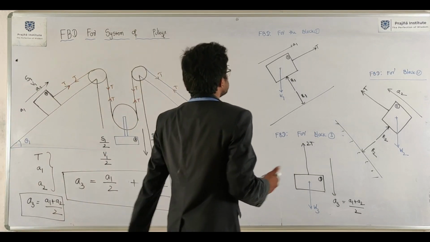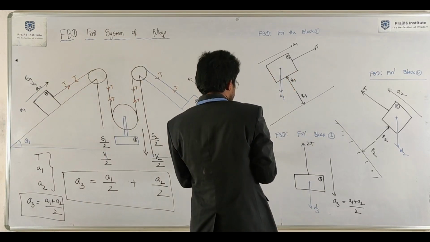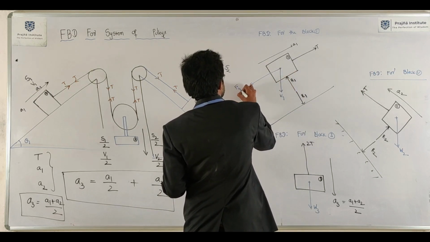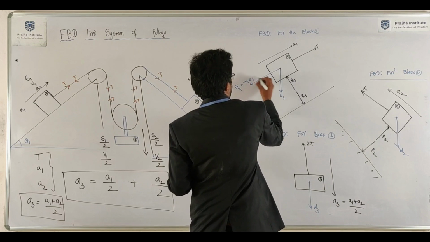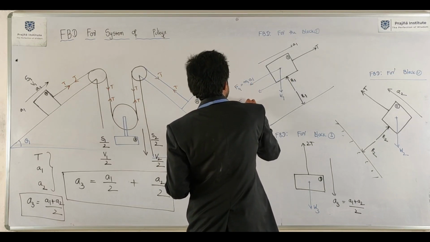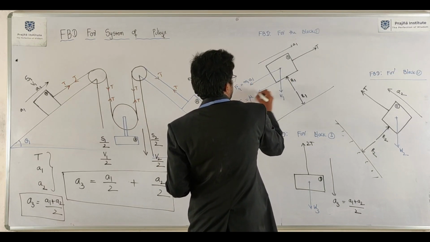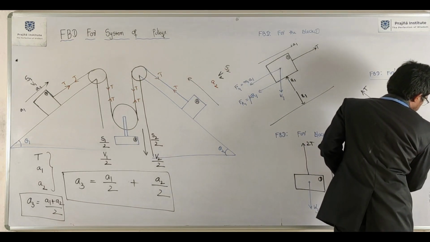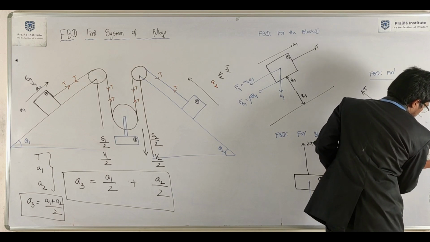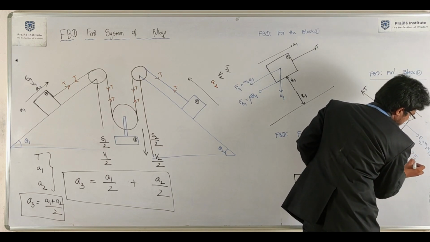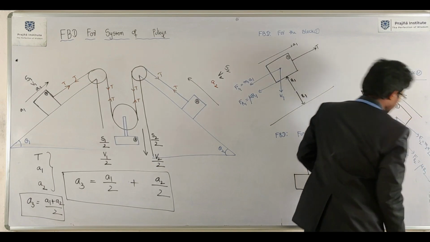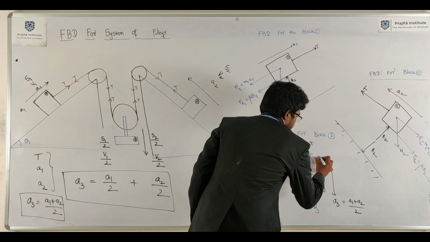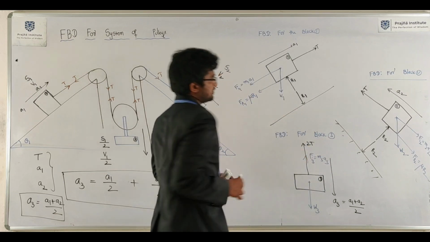Now, inertia force will be acting opposite to the direction of motion. Inertia force M1 A1, frictional resistance mu R1, then inertia force M2 A2, frictional resistance mu R2. Here also the same thing, I3, M3 A3.